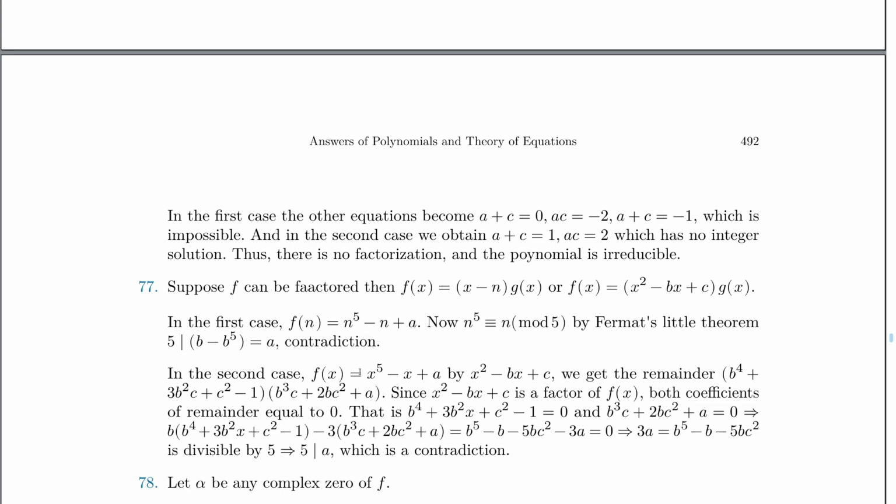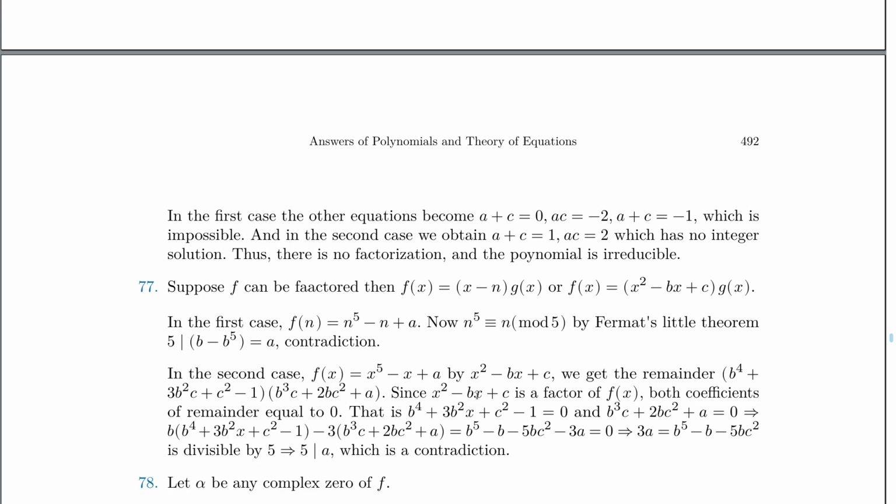In the second case, f of x is equal to x to the power 5 minus x plus a divided by x square minus bx plus c. When we divide by that, we get the remainder (b to the power 4 plus 3b square c plus c square minus 1) x plus (b cube c plus 2b c square plus a).